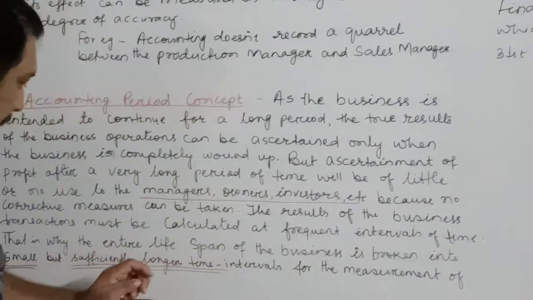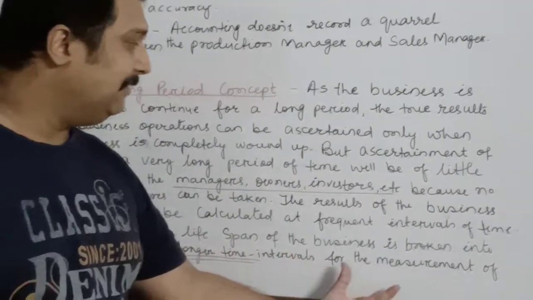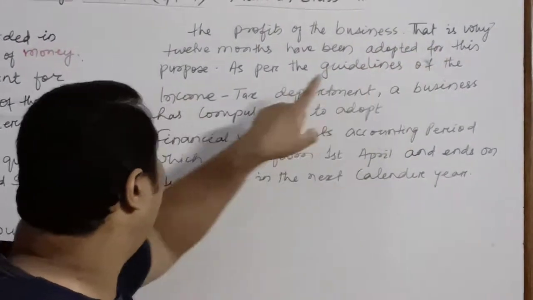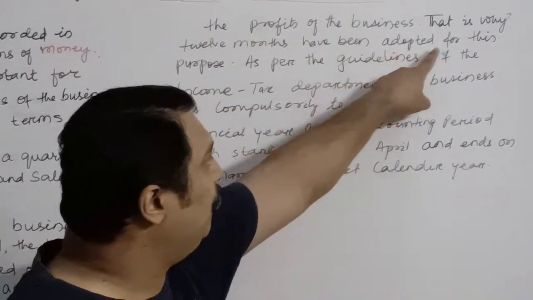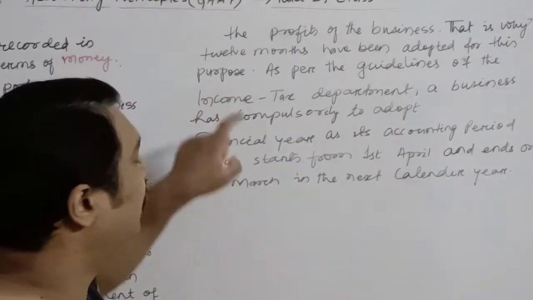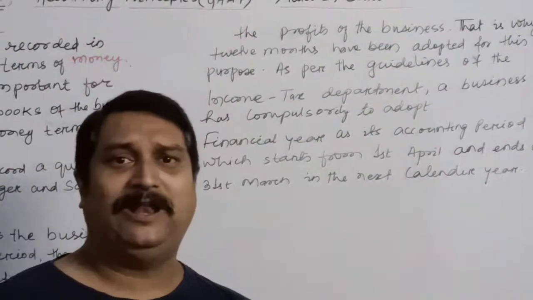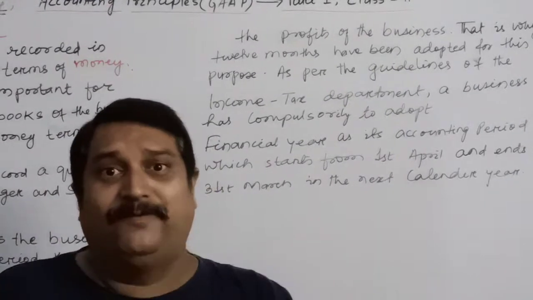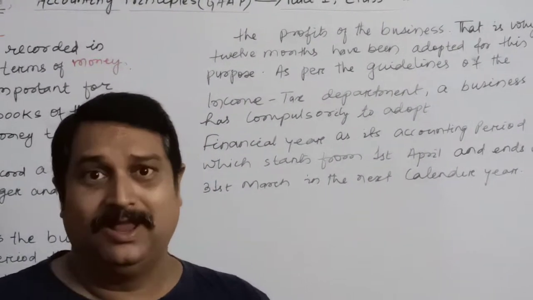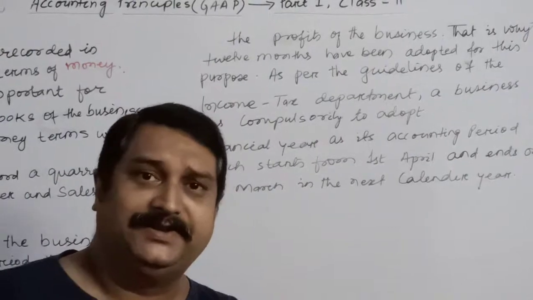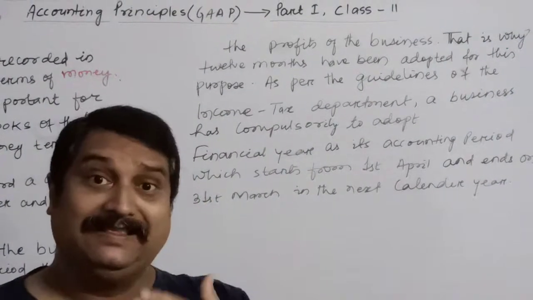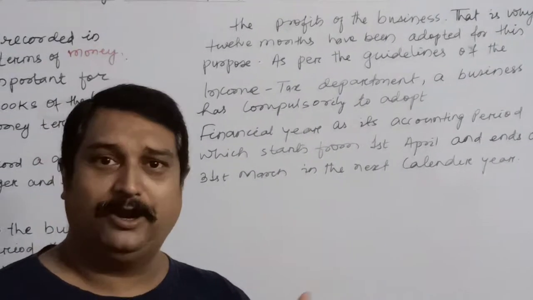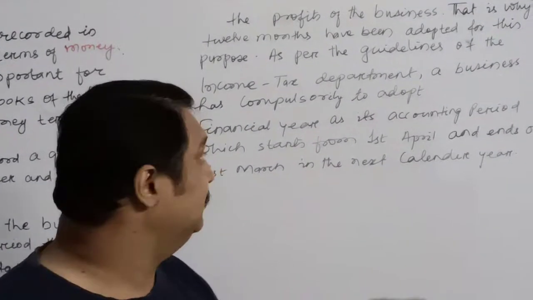So when we do this, we are able to measure the profit of the business. That is why 12 months have been adopted for this purpose, because within 12 months we are able to find out whether we have been earning profit or loss. Whatever actions, whatever decisions we take, they start yielding profit after a sufficiently long period, within 12 months.